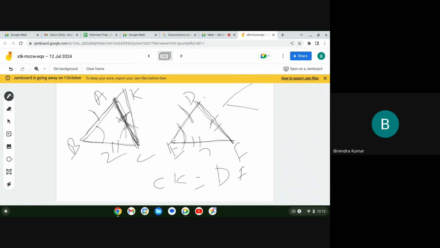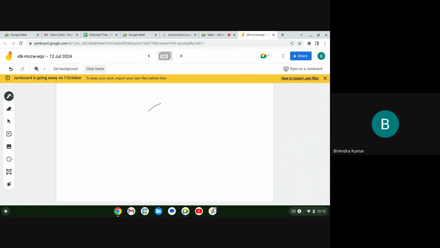So you pick up any angle, let's say 30 degrees. This is 5 centimeter and this is 10 centimeter. What is the distance from here to here? That is a function of the inclination between these two lines, meaning the angle between them.